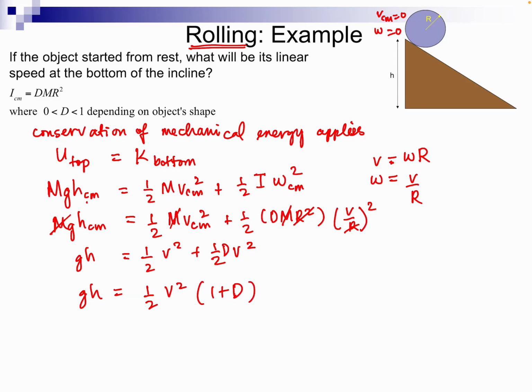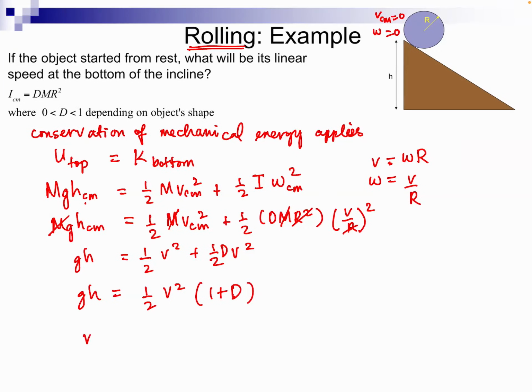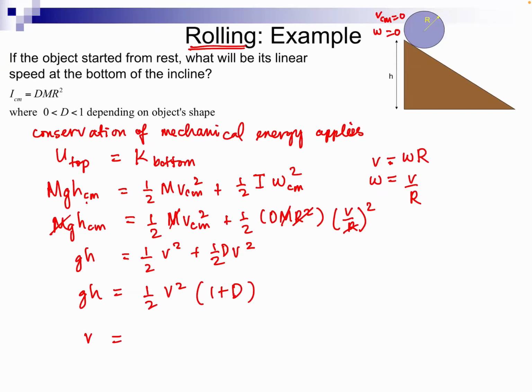And therefore we can rearrange this: the speed at the bottom of the incline will be the square root of 2gh divided by 1 plus d.